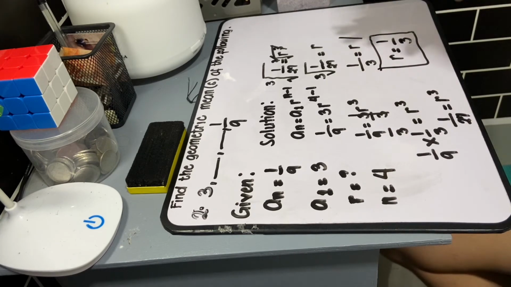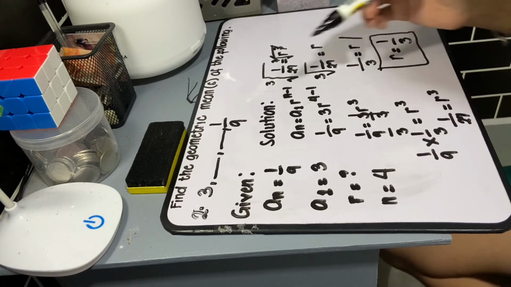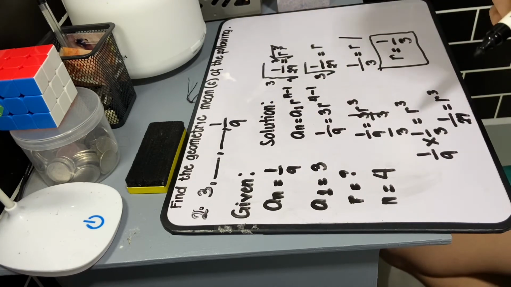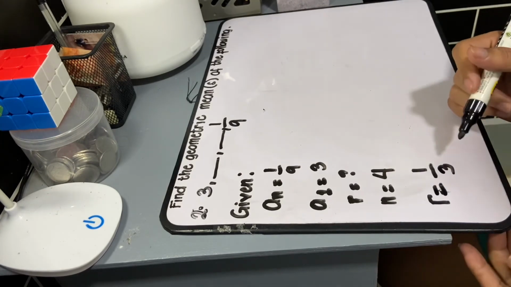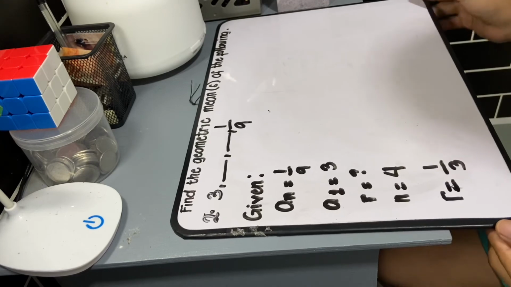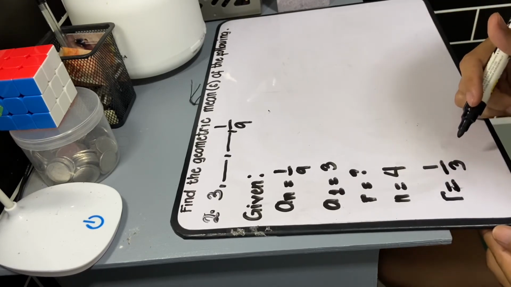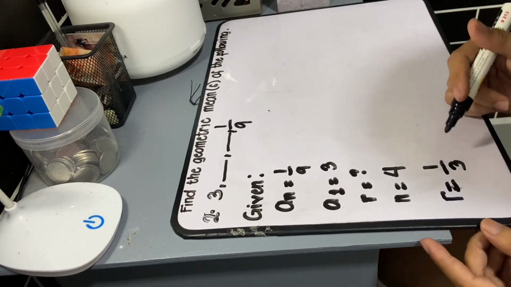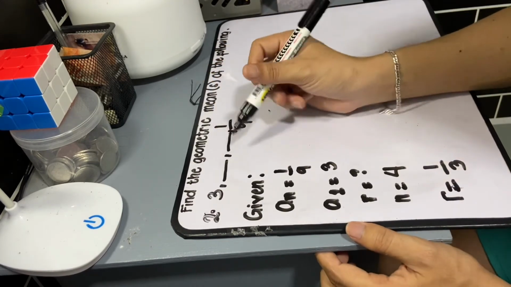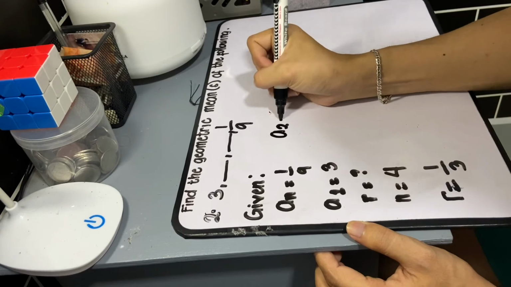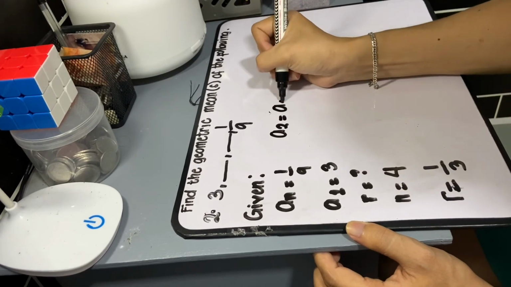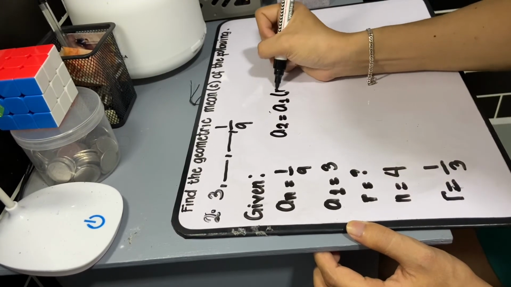And so this time, since we already have the value for the common ratio, we can now solve the two geometric means. So we'll continue solving the geometric mean. We have the value for r, the common ratio, which is 1 over 3. So we are going to solve the value for a sub 2. a sub 2 is equal to a sub 1 times r.